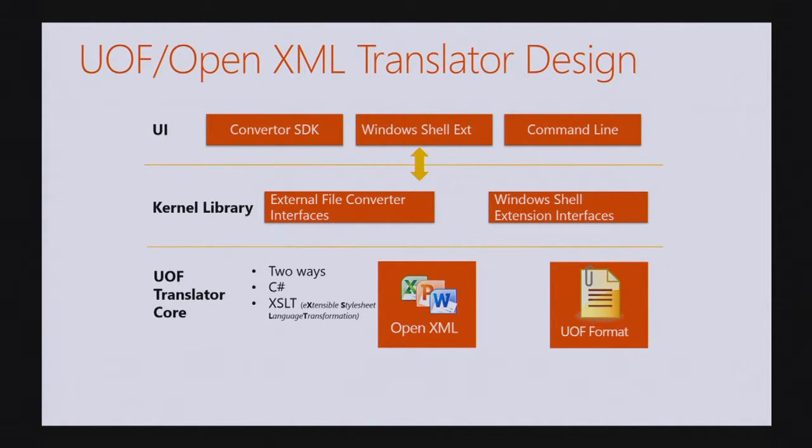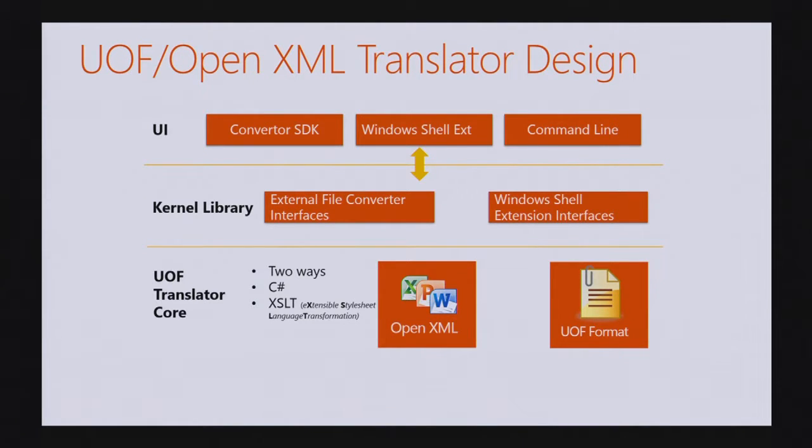There are three parts of the translator. The UOF translator core part takes the responsibility of translation itself, translating from OpenXML to UOF, and also the other way. And the kernel library takes the responsibility of working with Microsoft Word and Windows to let the end user use this function. The UI part we all understand.